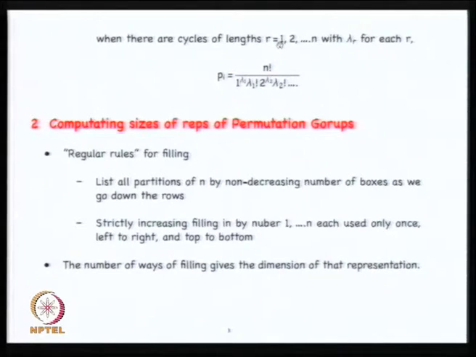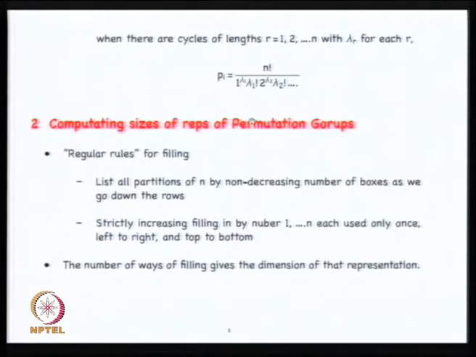The number of elements in that conjugacy class is n factorial divided by lambda_1 factorial times 1 to the lambda_1, lambda_2 factorial times 2 to the lambda_2, etc. This formula we had not actually derived, but it is not very difficult to check from the definition.